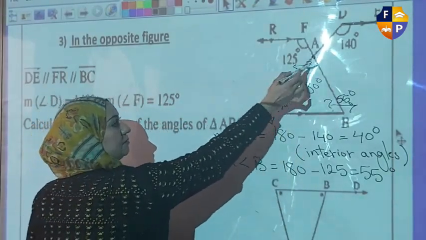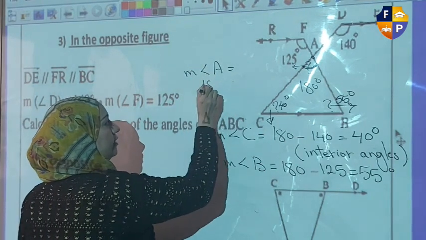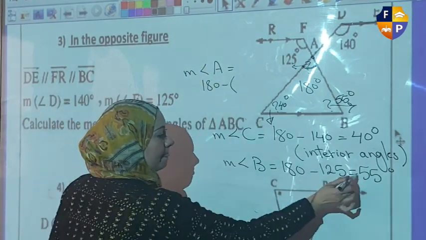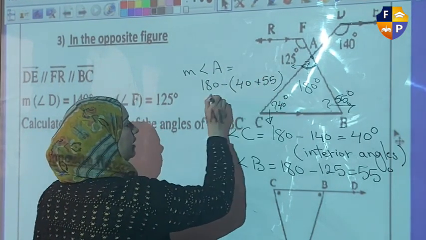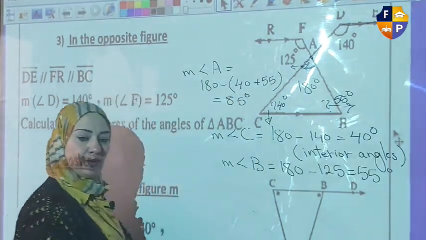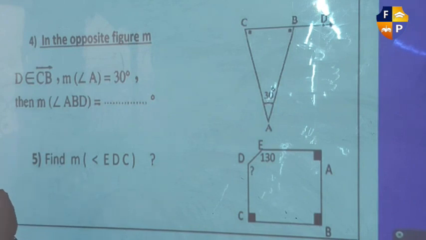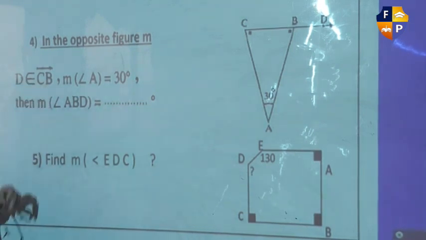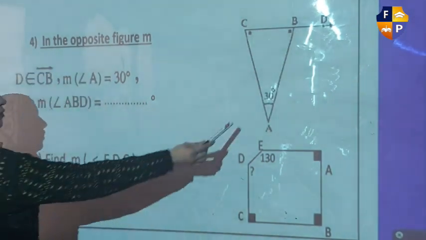So to get the measure of angle A equals 180 minus 40 plus 55 equals 85 degrees. That's all.